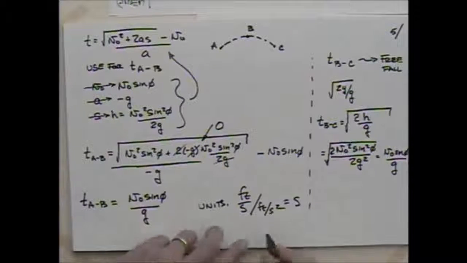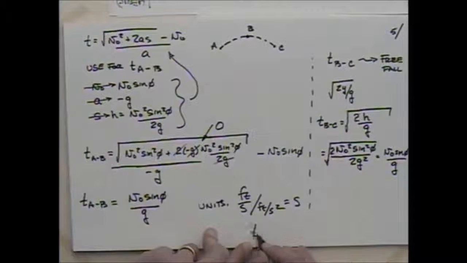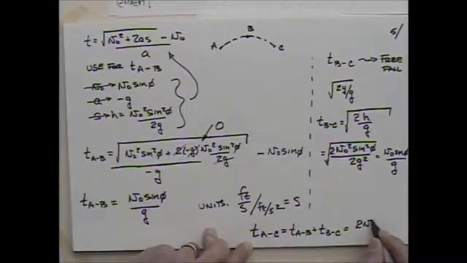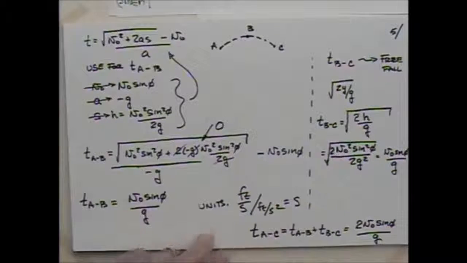So we can say, to finish up here, that the time from A to C is really just the sum of these. That is the time from A to B plus the time from B to C, which gives me 2 times V naught times sine phi divided by g.